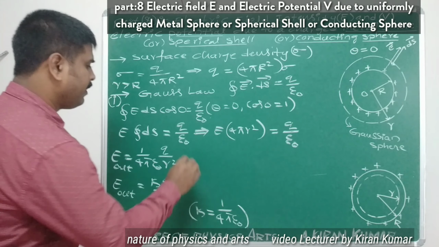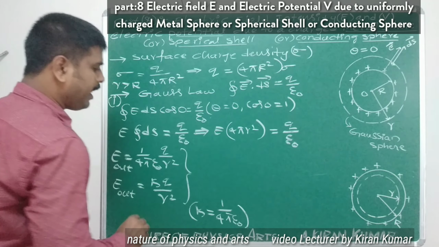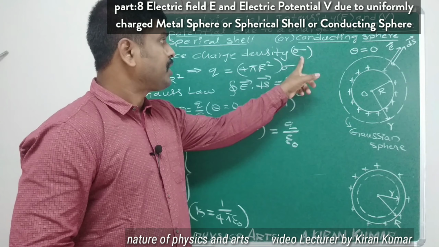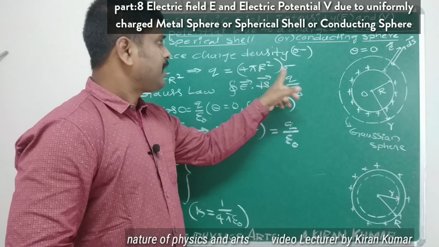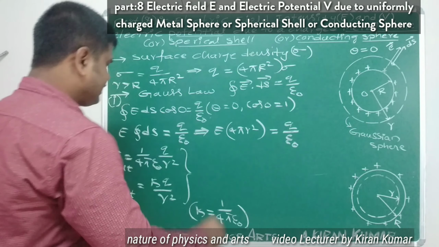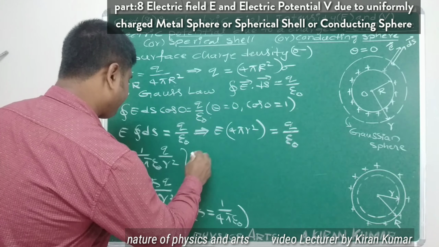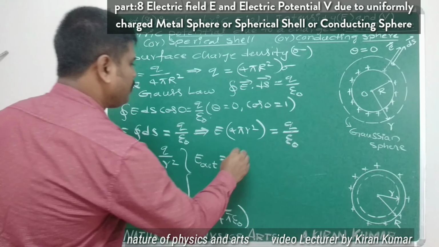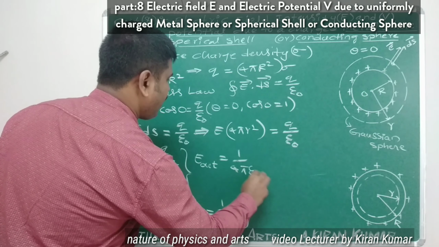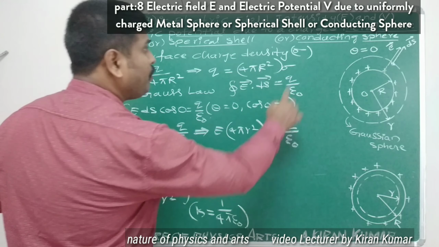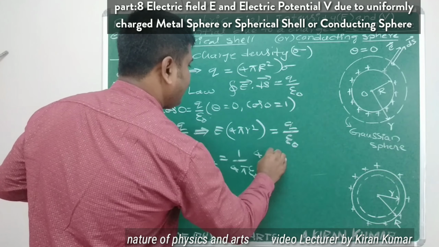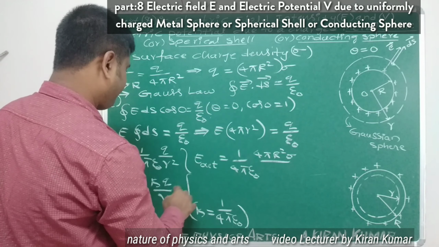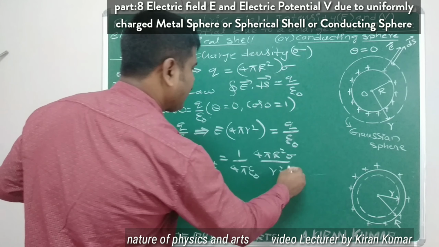Try to understand. We got these two equations, and we can also replace the charge with 4 pi capital R square into sigma. Then the resultant equation is E out equal to 1 by 4 pi epsilon naught, and the Q value is 4 pi capital R square sigma, divided by small r square.